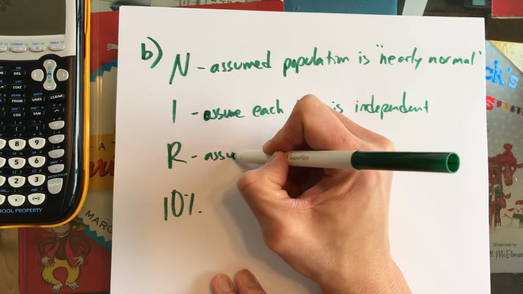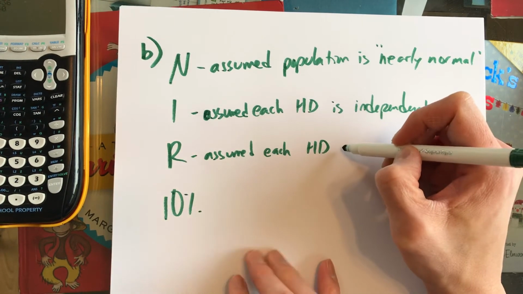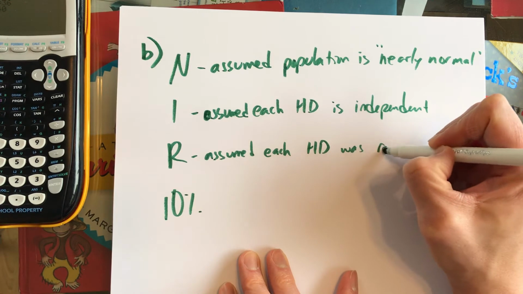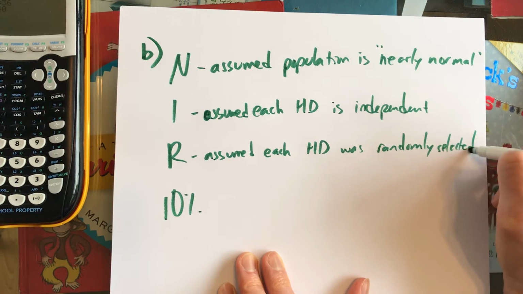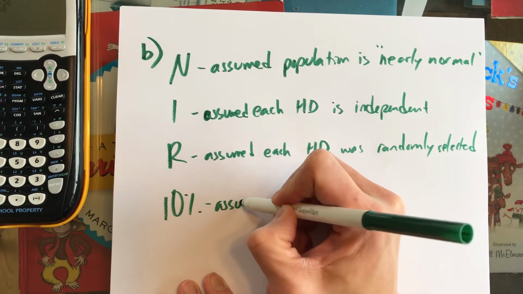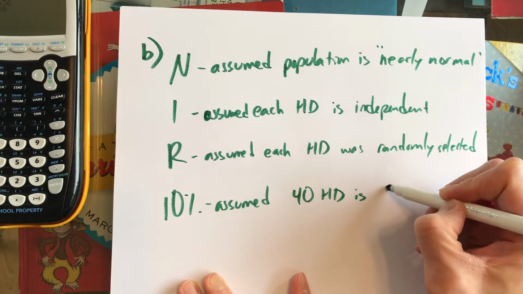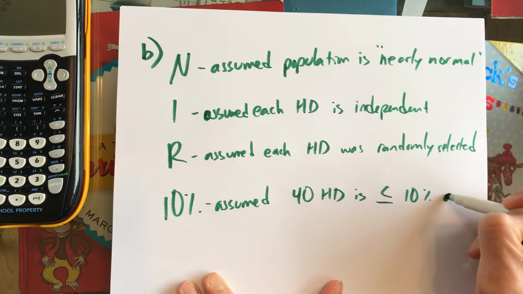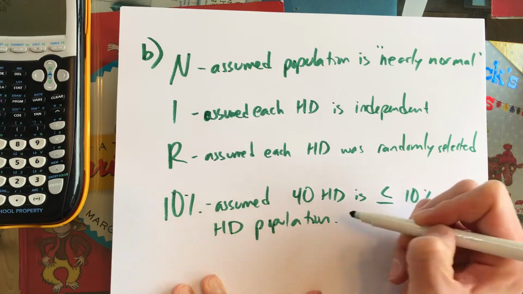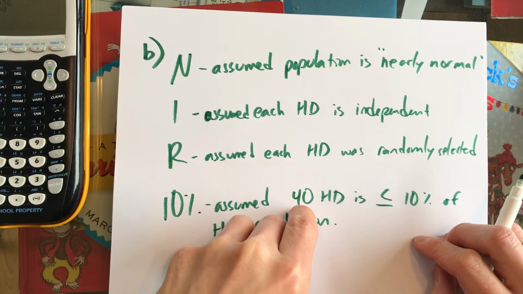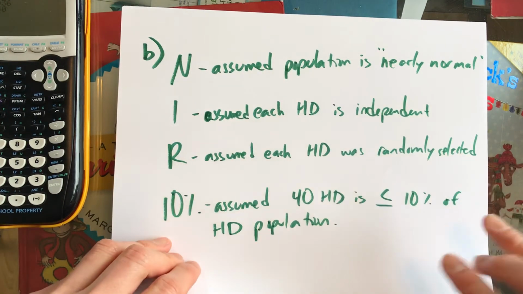We assume each hot dog was randomly selected or chosen. We assumed that 40 hot dogs is less than or equal to 10% of the hot dog population. Class, do you think there are less than 400 reduced sodium hot dogs out there in the world? Probably, right? So we assumed all of these things here.